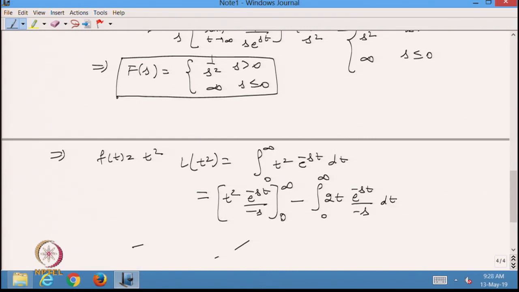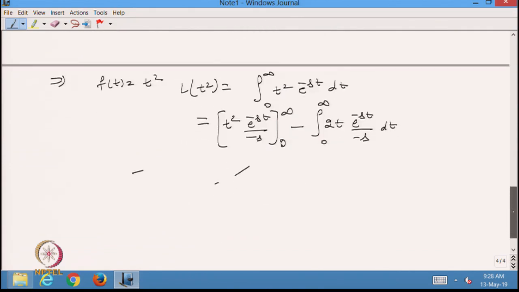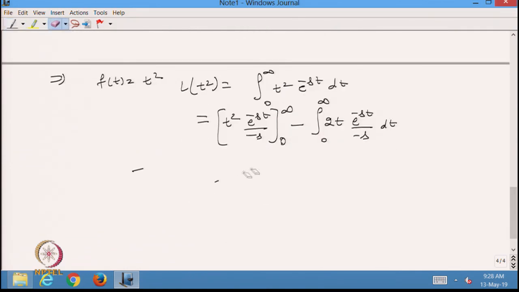This part will be 0 again by putting the limit for s positive, and in that case I can say that this is going to be 0. So, we are getting 0 here, and minus plus sign will be here, and 2 will be taken common.